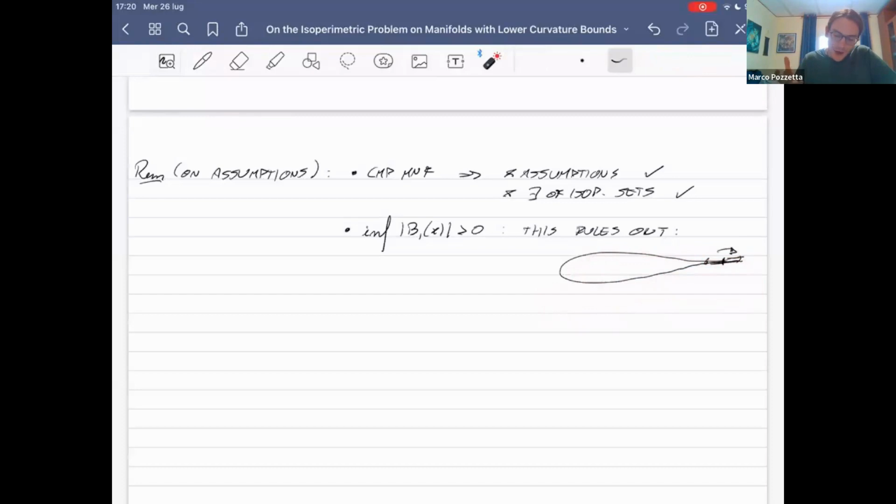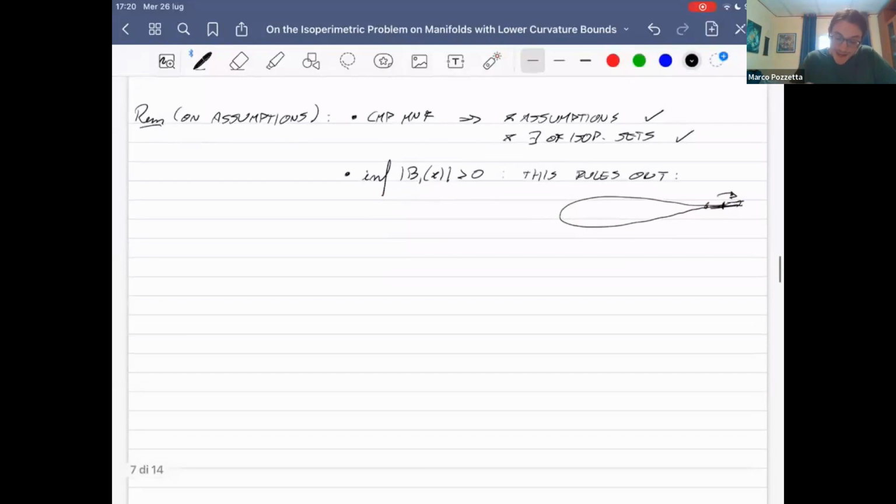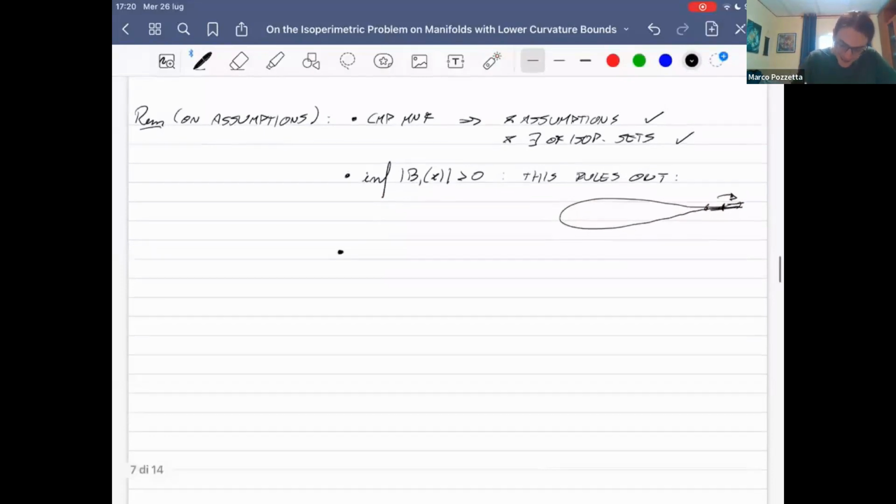It is kind of a technical assumption we will need later during the proof. But the last comment I want to make is that it is actually an assumption also necessary in a certain sense.